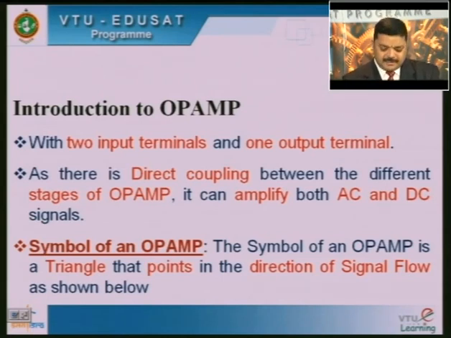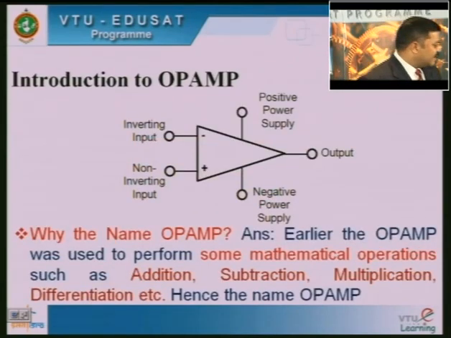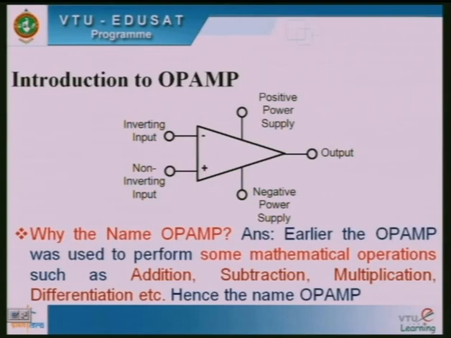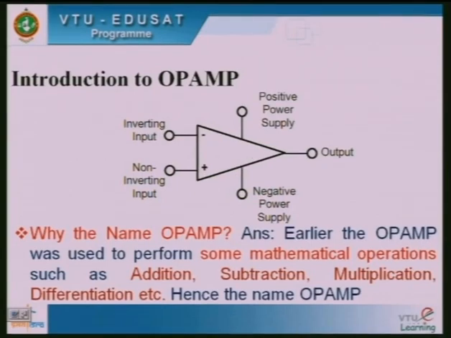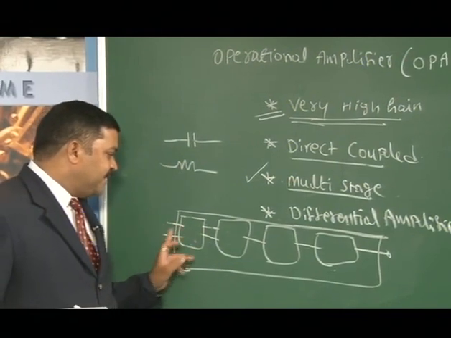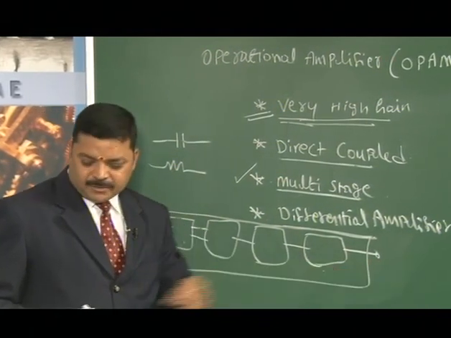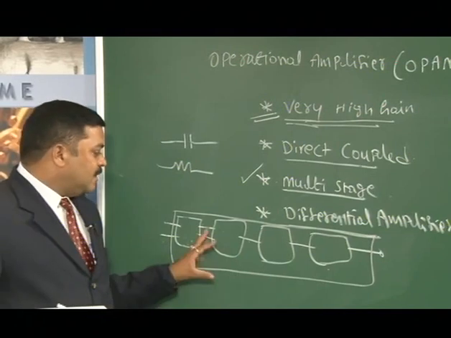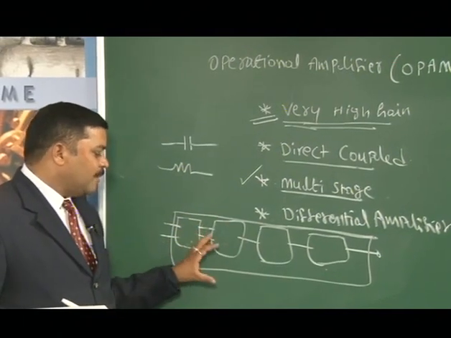So, what is the symbol of an operational amplifier? The symbol of an operational amplifier is a triangle that points in the direction of signal flow. We can consider this entire block diagram as being represented by a triangle. So, 2 inputs will be there and 1 output will be there. The triangle is used to represent the operational amplifier.